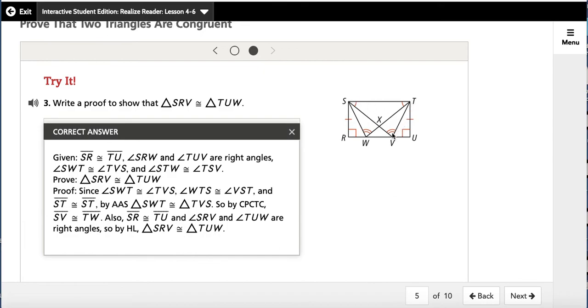Because we have an angle and the common side. Once you do that, by using CPCTC, you can say segment SV is congruent to segment TW, and then the rest of it's pretty much what I was describing. We have a right triangle with a side and a hypotenuse congruent to a right triangle with a side and a hypotenuse. Okay?